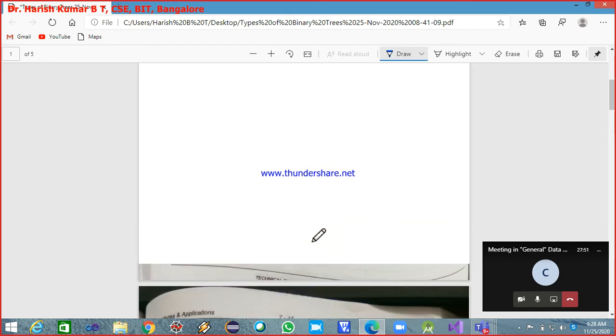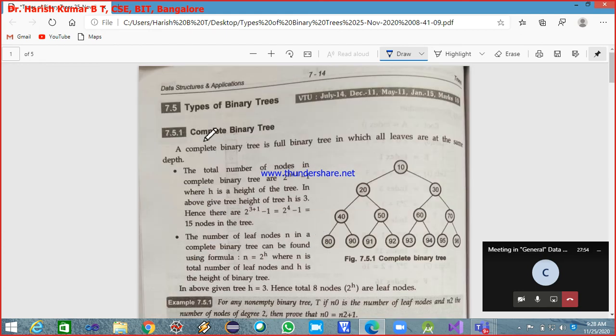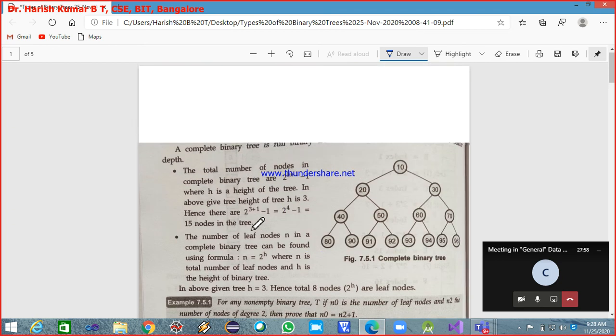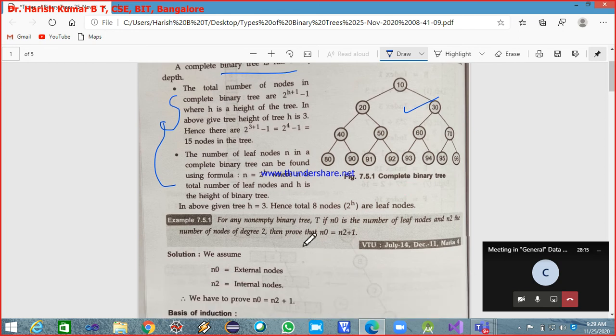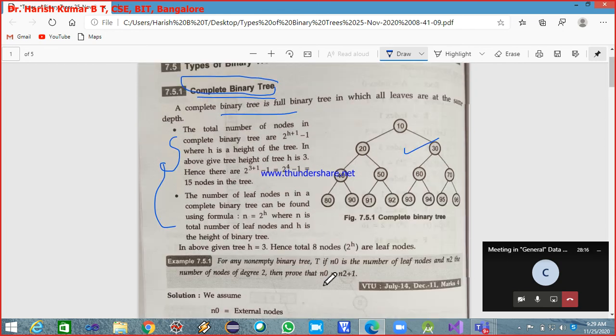So this is about the complete binary tree. If you have to explain the different types of binary trees, you have to take the complete binary tree, say first what a complete binary tree is, highlight these two points, and take an example. Sometimes they will also ask you to prove this statement.